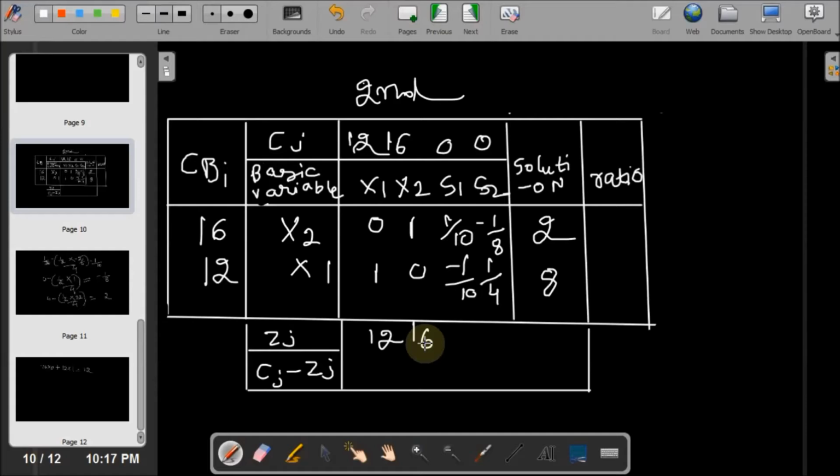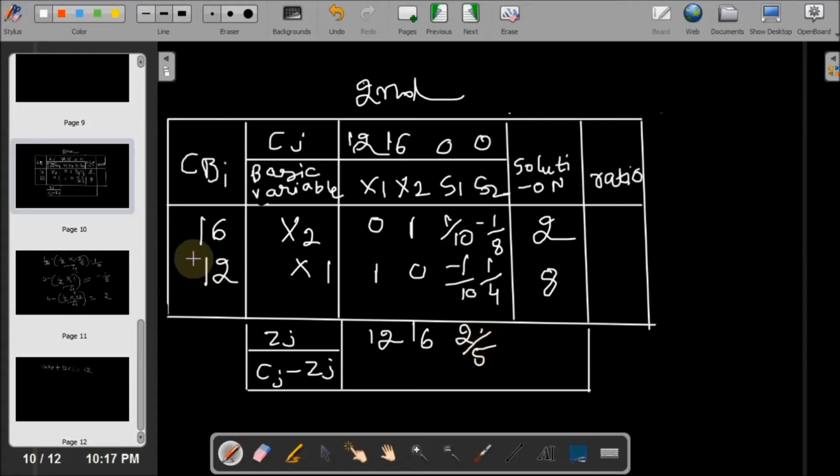Right? Next. So 16 into 1 by 10 plus 12 into minus 1 by 10. See, the value will become 2 by 5 guys. Directly I am writing this. You can calculate that.